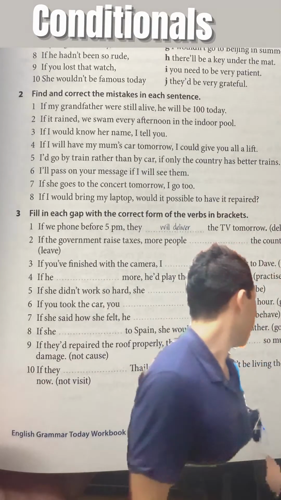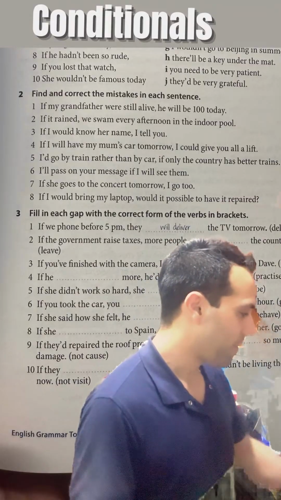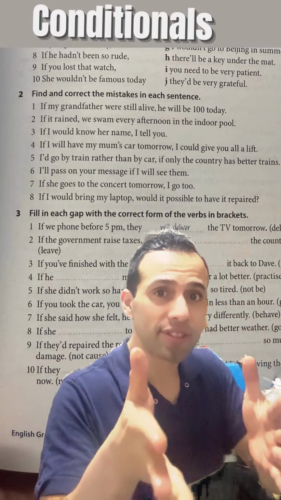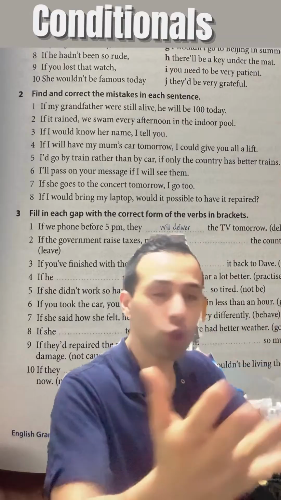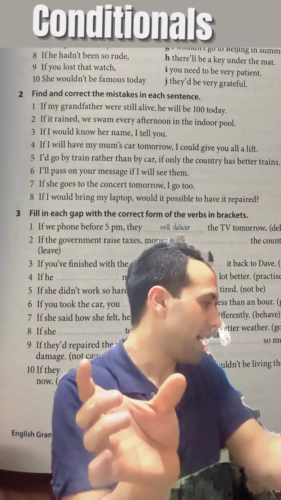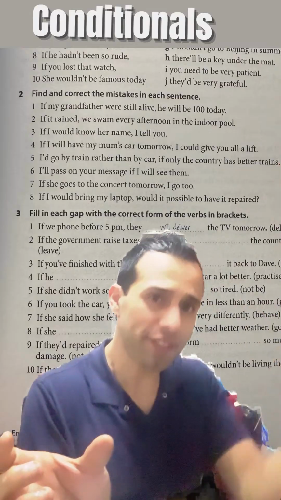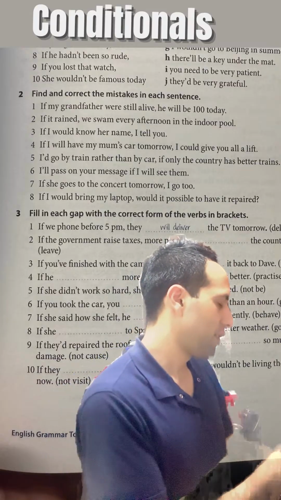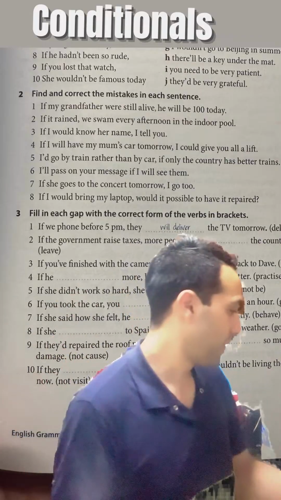that seems to be a kind of second conditional sentence, but don't forget that the would part doesn't go in the if part. Conditional sentences always have two parts: the if part, which introduces the condition, and the other part, which refers to the consequence of the condition mentioned in the if part.